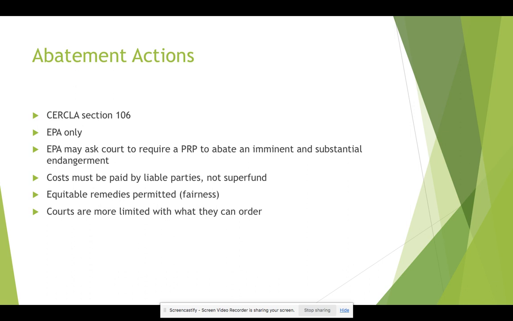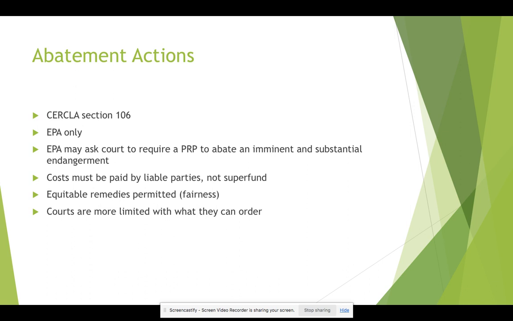The EPA, if they have identified some sort of endangerment that hasn't happened yet, but it's imminent, and if it happens, it's very dangerous, under Section 106 can ask the court to make a PRP, a potentially responsible party, do abatement of this site.